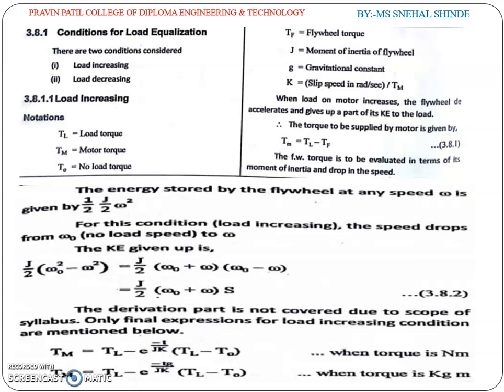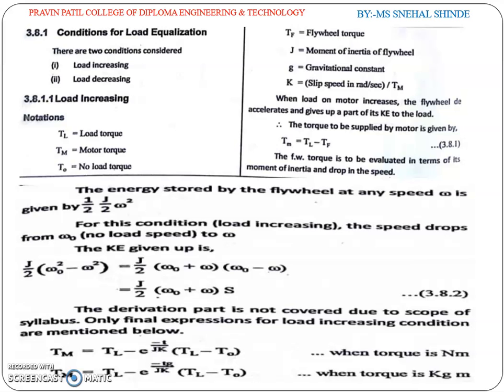The torque to be supplied by the motor is given by Tm equal to TL minus Tf. The flywheel torque is to be evaluated in terms of its moment of inertia and drop in speed.